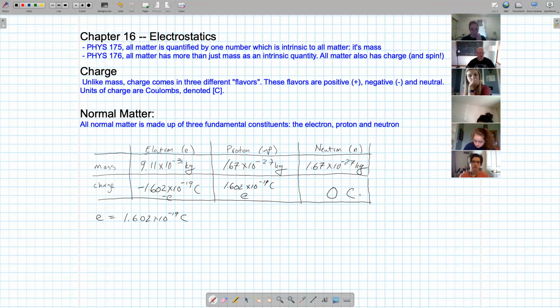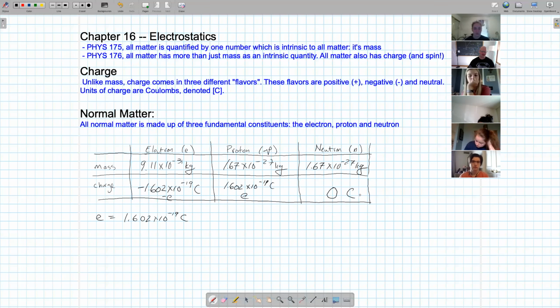So I mostly bring up the charge and the mass because we can see that the proton is huge compared to the electron, right? It's about 1,000 times heavier than the electron. The neutron has the same mass as the proton. But the charge of the electron and the charge of the proton are the same, just one is positive and one is negative, where the neutron has 0 charge to it.